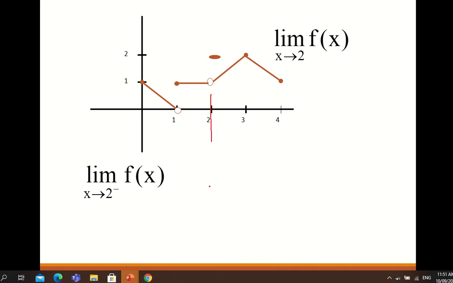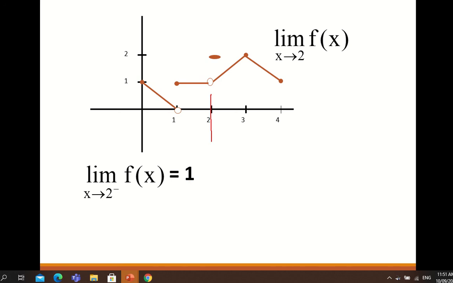This is equal to 1. So the limit here of the function is equal to 1. We're just looking at the value that it approaches as x approaches 2.